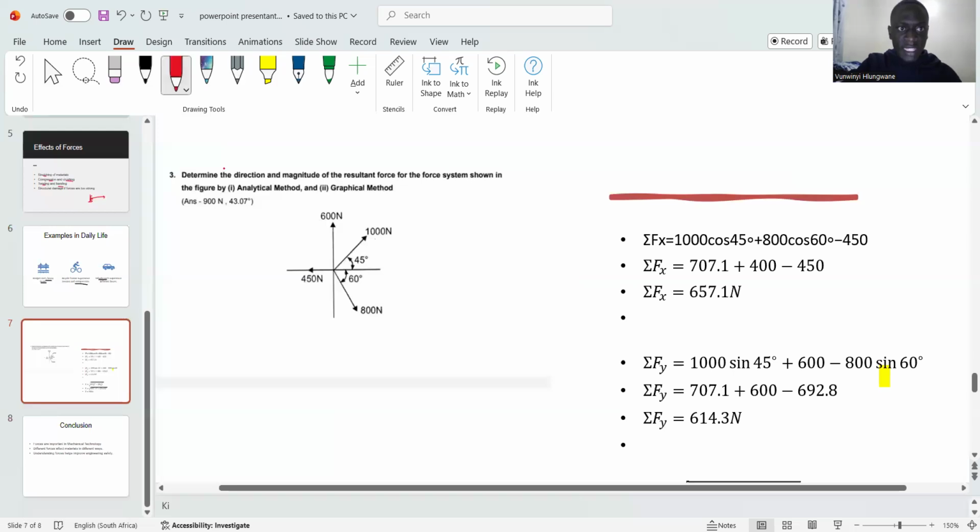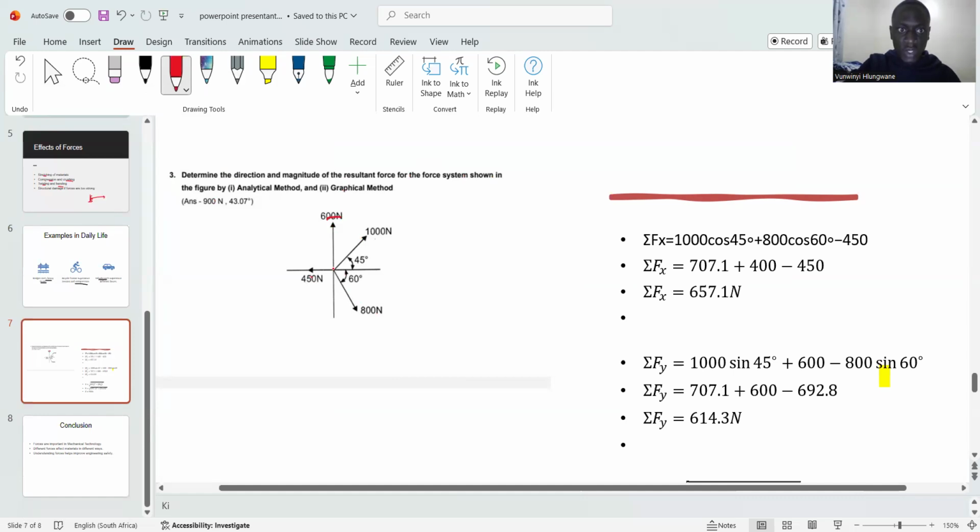The question says: determine the direction and the magnitude of the resultant force for the force system shown in the figure, by analytical and graphical methods. We have this force going upwards on our y-axis, 600 Newton. Then we have this one on our x-axis, 450 Newton.